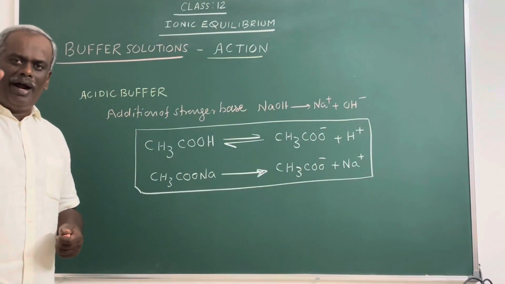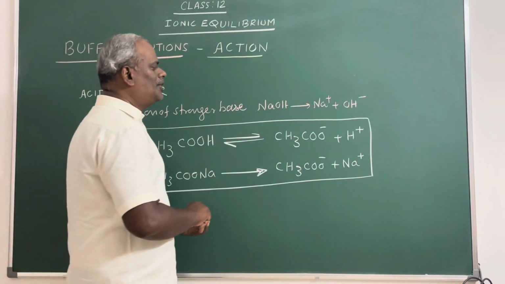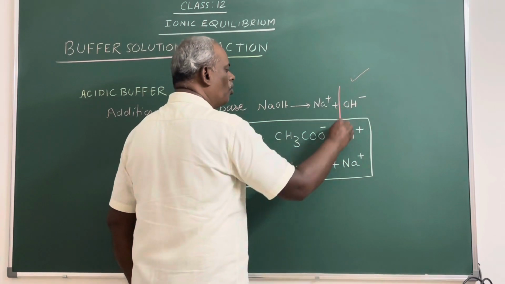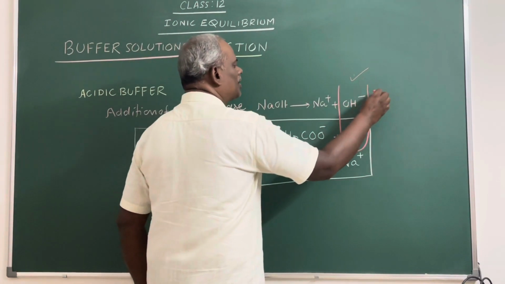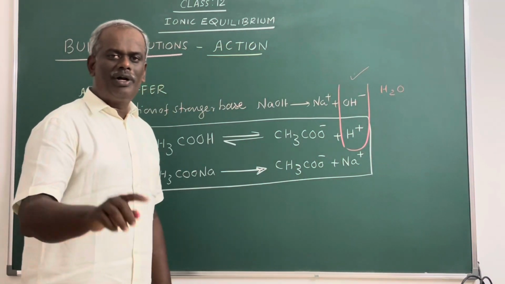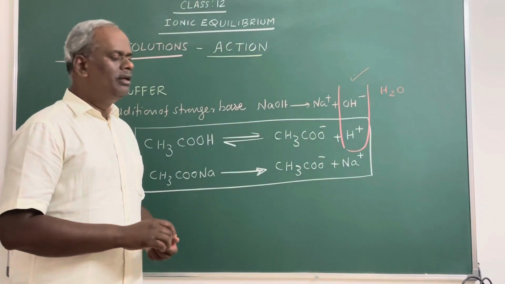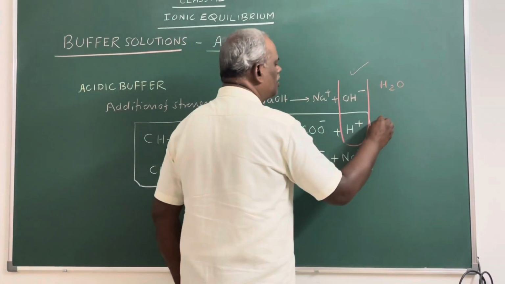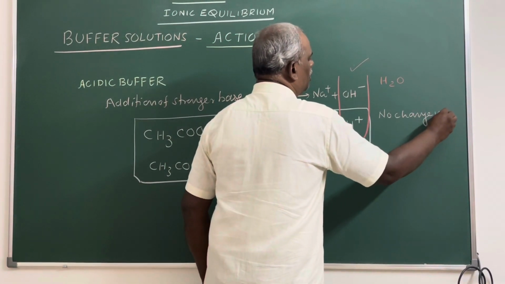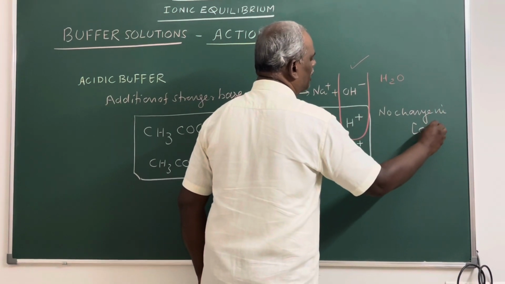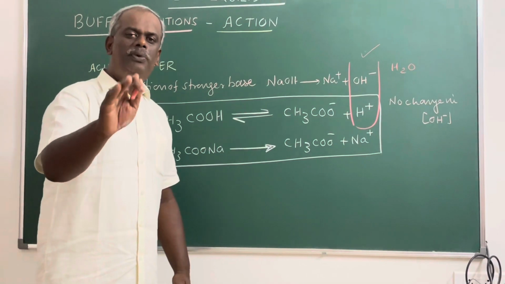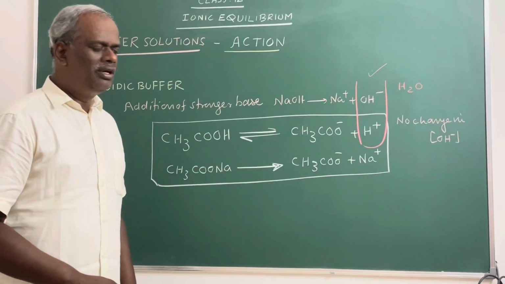It means when you add sodium hydroxide, the concentration of OH should increase, but the added OH can readily combine with this hydrogen to form H2O. So our attempt is failed. No increase in the concentration. There is no change in the concentration of OH minus. It means there may not be any change in pH as well as pOH.